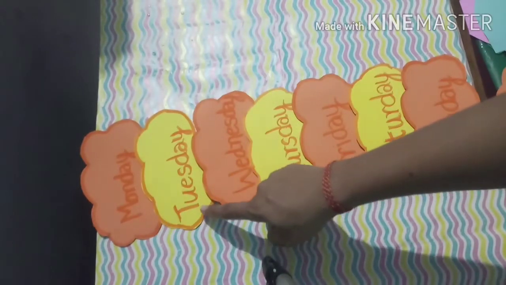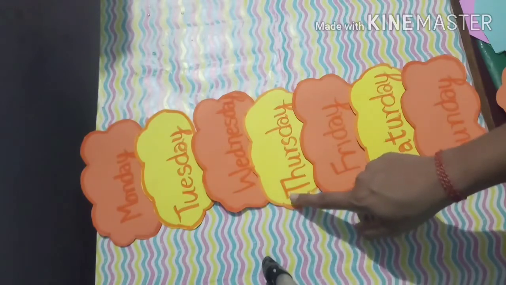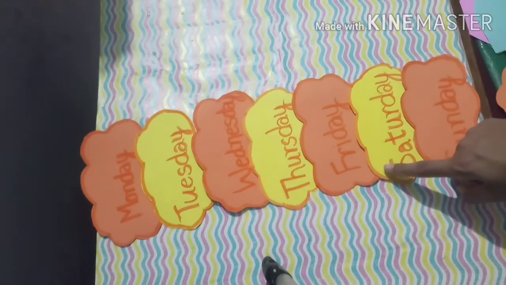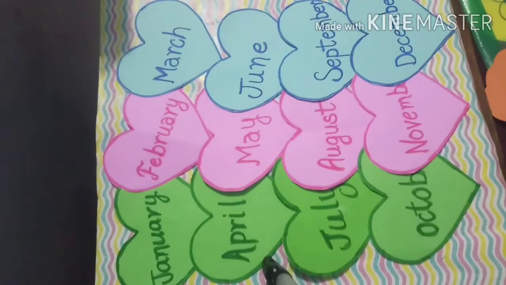After writing the days of the week, see how our clouds will look. I have written Monday, Tuesday, Wednesday, Thursday, Friday, Saturday, and the last one is Sunday. So like this, you will write all the days on these cloud shapes. And on the heart shapes, you will write months of a year.